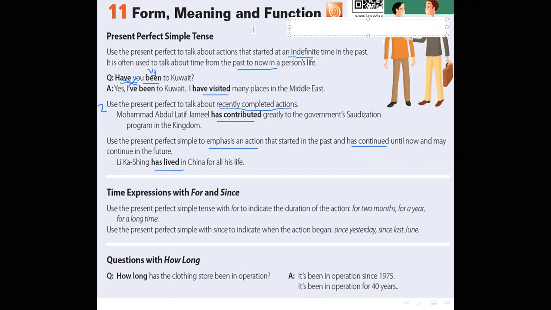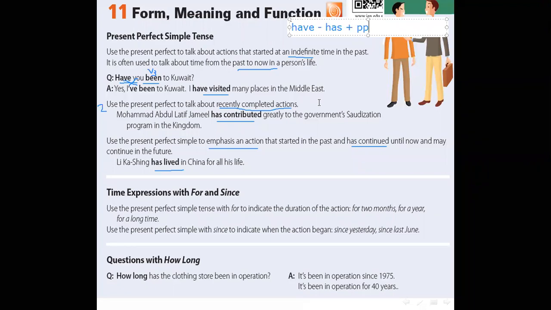Excellent. We should use have or has plus past participle. Have for plural: I, they, you, and we, and has for singular: he, she, and it.